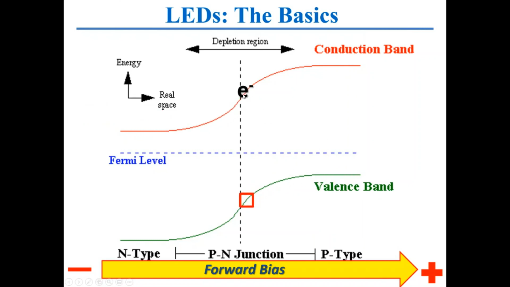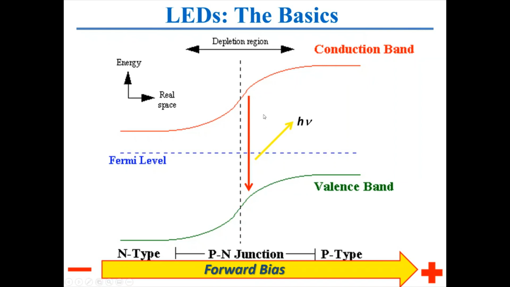And when it reaches the depletion region, it can fall down to the valence band and release a photon. This is the photon of light that makes the LED look like a light source, meaning this is where it gives off the light.